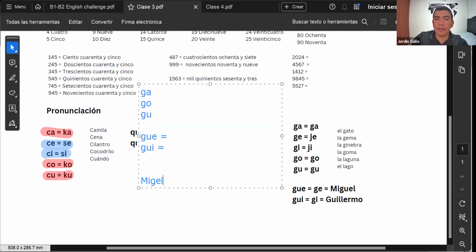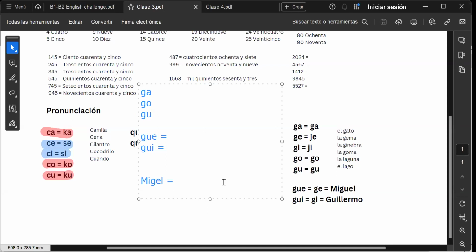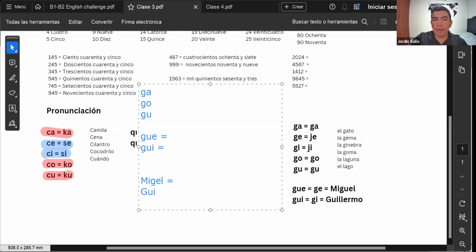So I have a question for you. What would happen if the person Miguel spells the name like this? What would be the pronunciation of this name, like without the U? Yeah, go ahead, Jerry. Miguel? Exactly. And what would happen if instead of Guillermo, we have this?